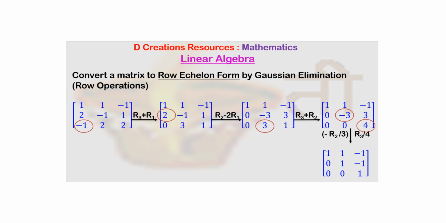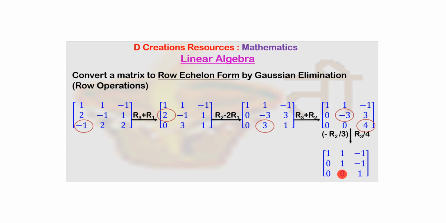And now if you divide the second row by 3, and the third row by 4, this is what you are going to result in. Is this a row echelon form? Yes, it is, because there is no 0 row here. Had there been, it should have been at the bottom. You can see that the leading entry is to the right.